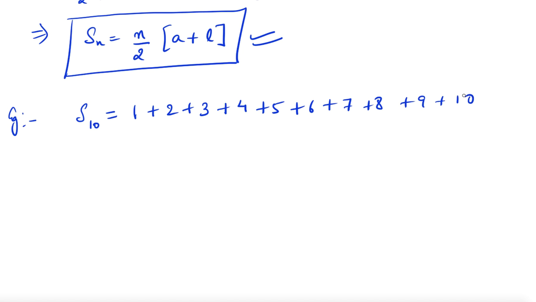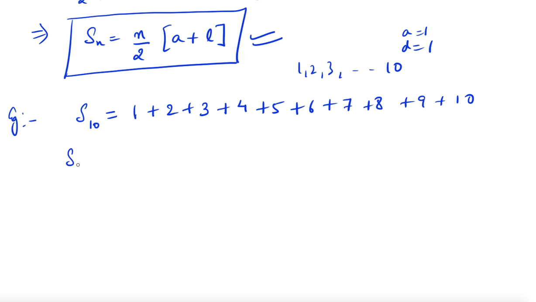You can easily add them, but let's see whether we can find the sum of this AP using the formula that we just obtained. So you know that this is an AP, 1, 2, 3 up to 10, with a equal to 1 and common difference d also equal to 1.